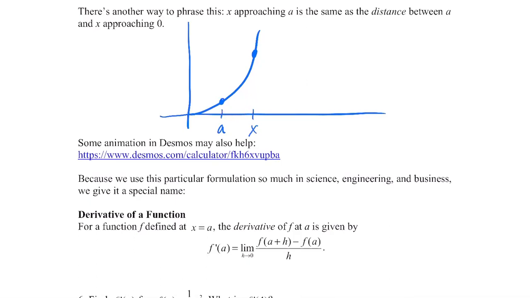Let's call it h. Then, in other words, x minus a is equal to h. Okay, now that would be this piece of a triangle.